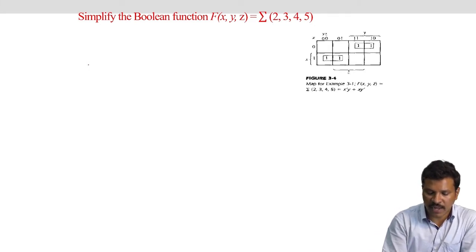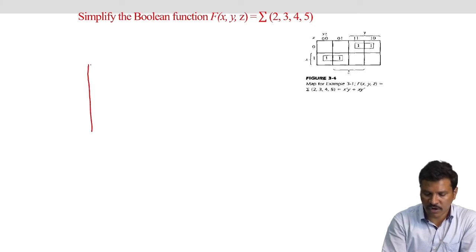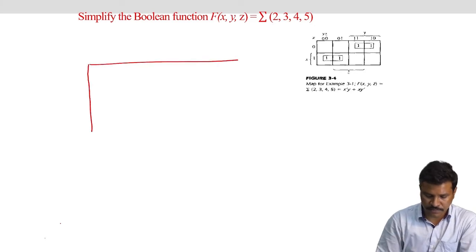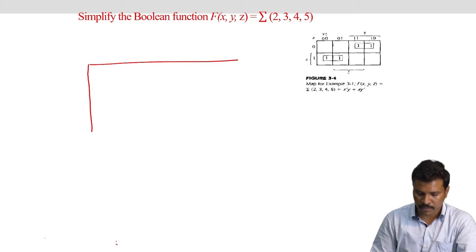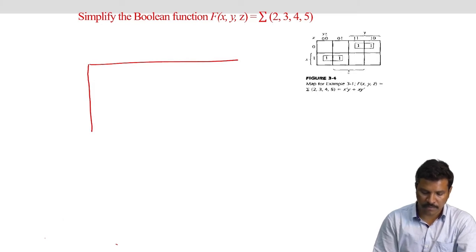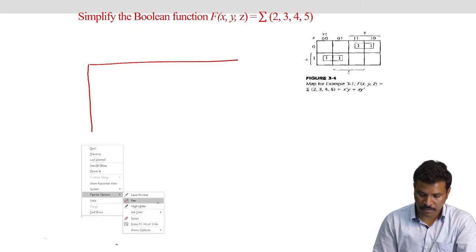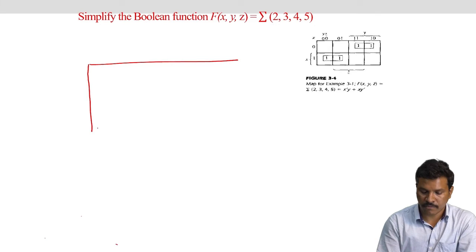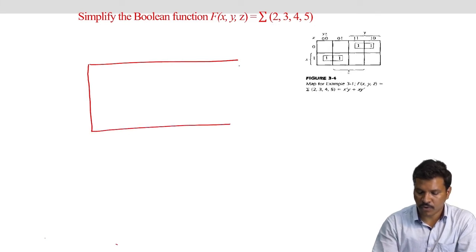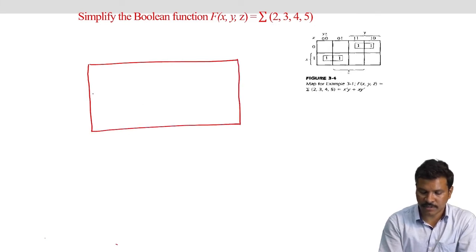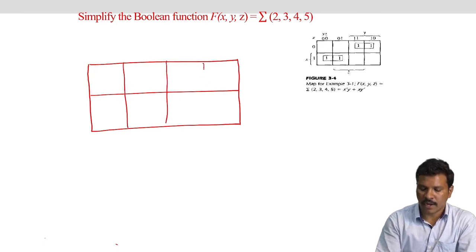So I am taking 2 rows and 4 columns, and I can draw these 2 rows and 4 columns.